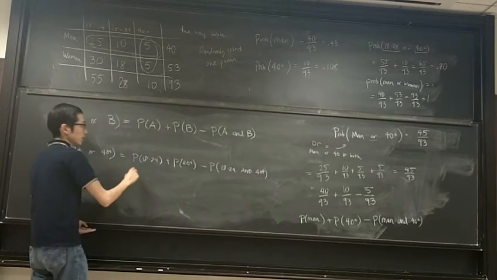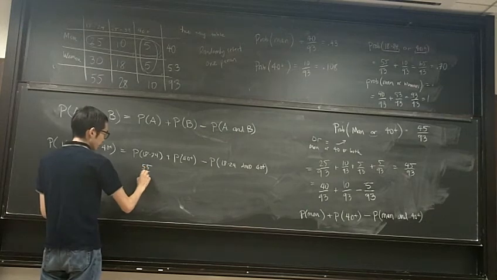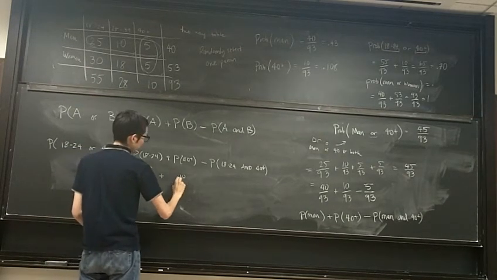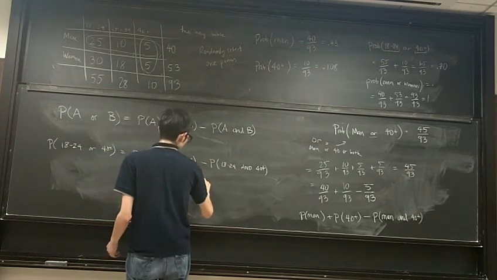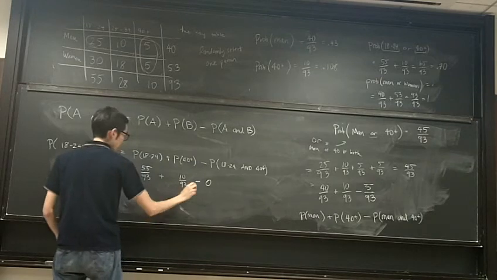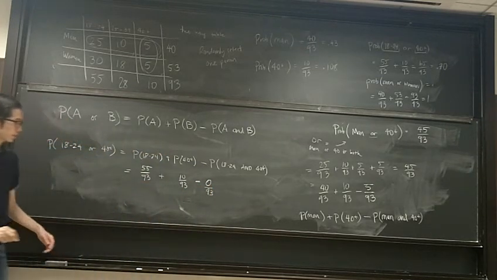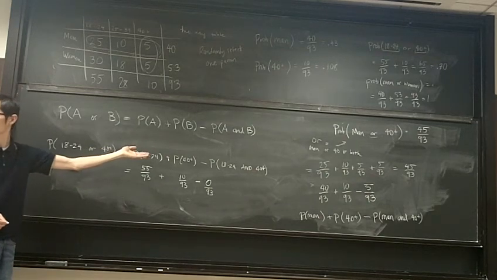This is 55 out of 93 plus 10 out of 93 minus 0 over 93. So that rule still holds true. It's just that there's no overlap.